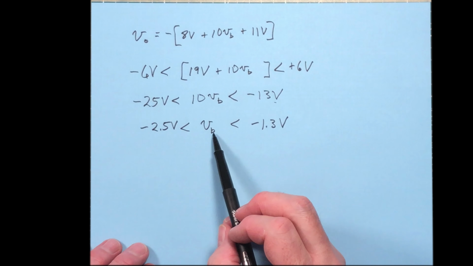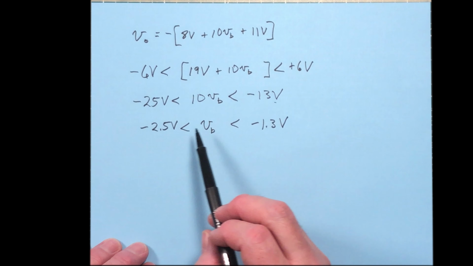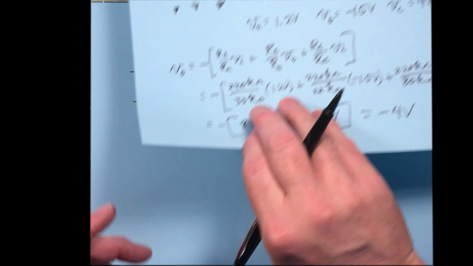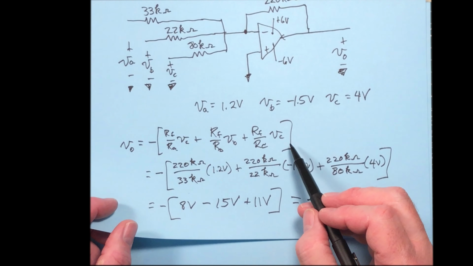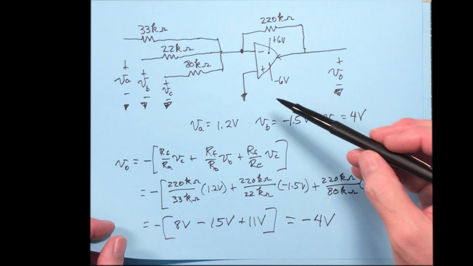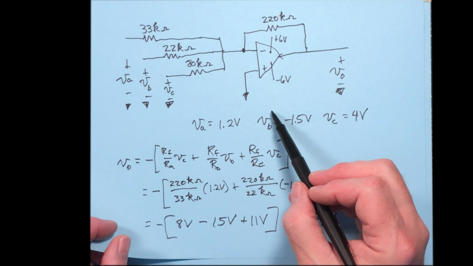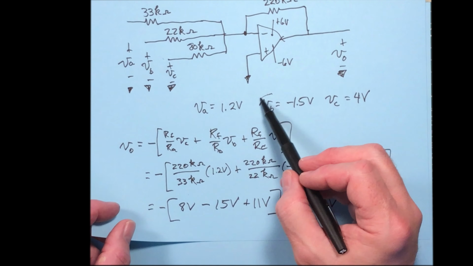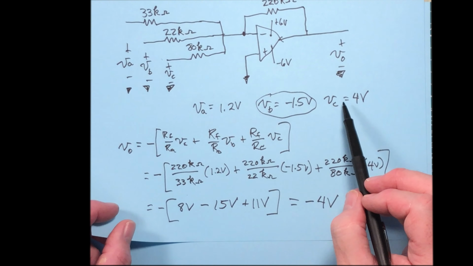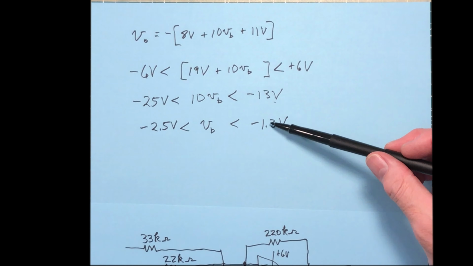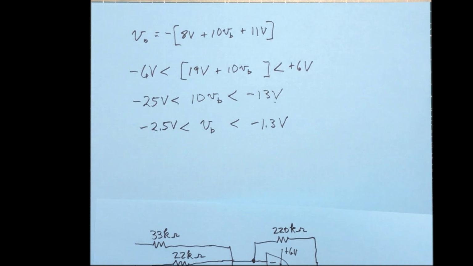In other words, as long as V sub B is between these two voltage values, then we will have an output that is calculated by this equation right here. So as long as we've got this configuration, and we left V sub A and V sub C the same, remember, and as long as V sub B is within this range, then our output will be linear.